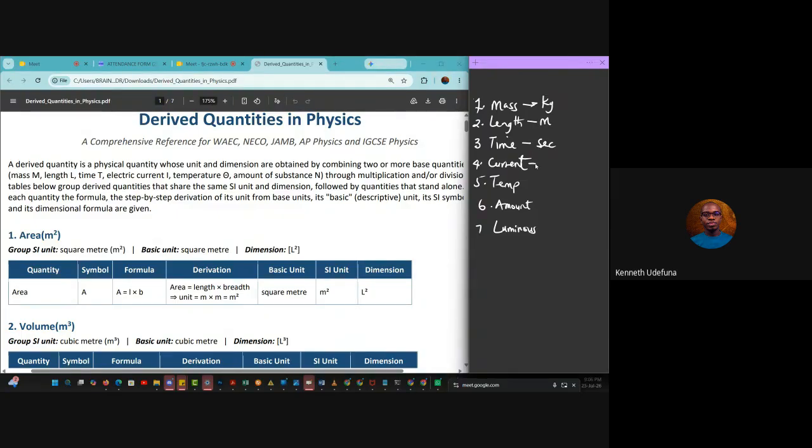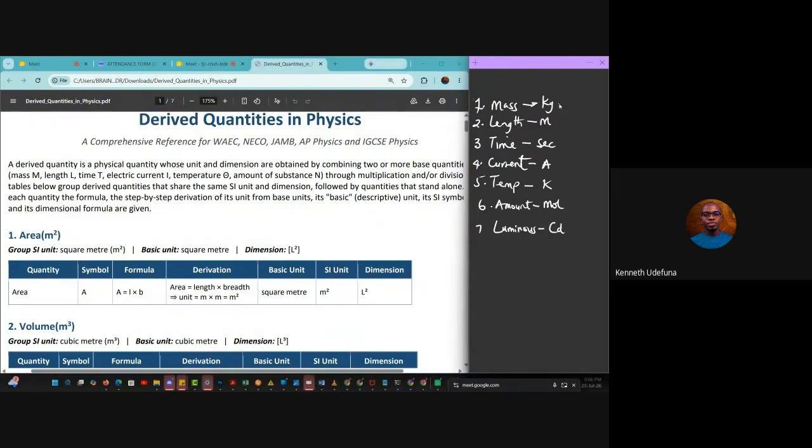Then the current has a unit of what? Ampere. Then temperature has Kelvin, amount of substance has mole, MOL, and luminous intensity has CD, known as candela. Remember, these are the short forms of representing their SI units. You know the full meaning already.